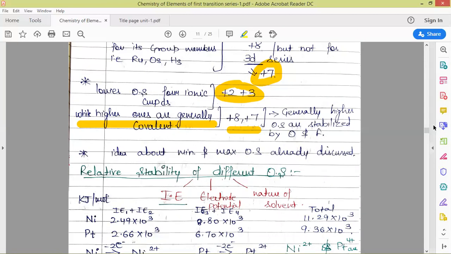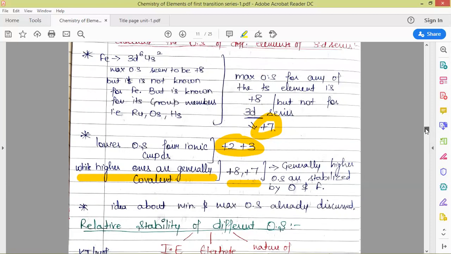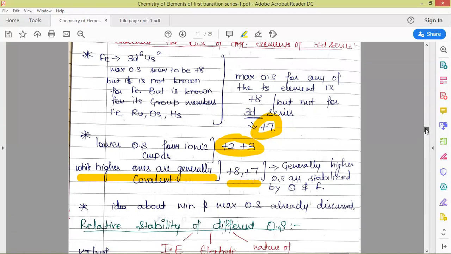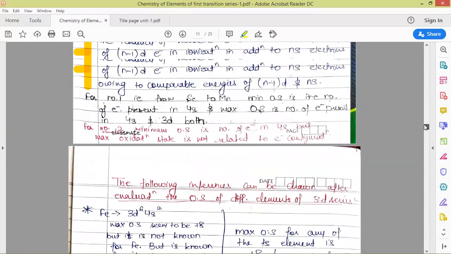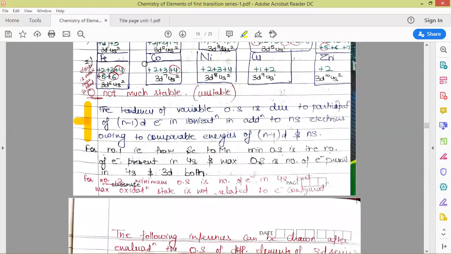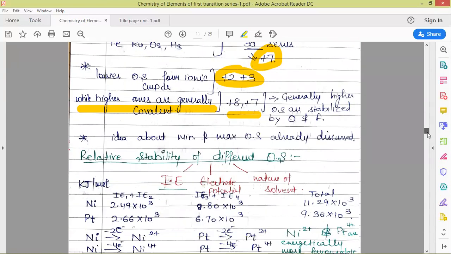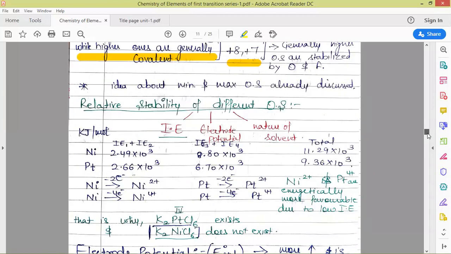So from the oxidation state data, we have got the idea about the minimum and maximum oxidation states exhibited by different elements belonging to 3D series by dividing all the 3D series elements into two parts, first 5 in first part and next 5 in second part.